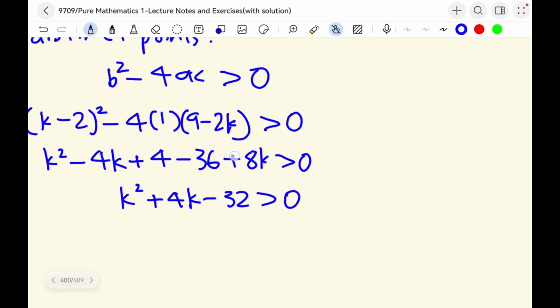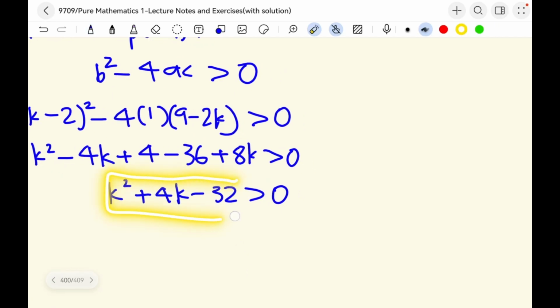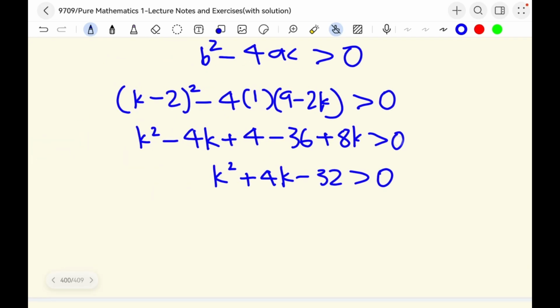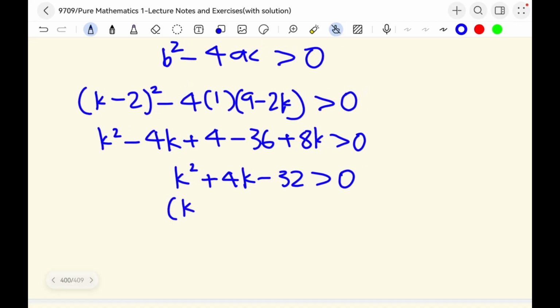Okay, so check whether this quadratic equation has a solution or not by pressing your calculators. Okay, it does have. So you can factorize into (k minus 4) and (k plus 8).